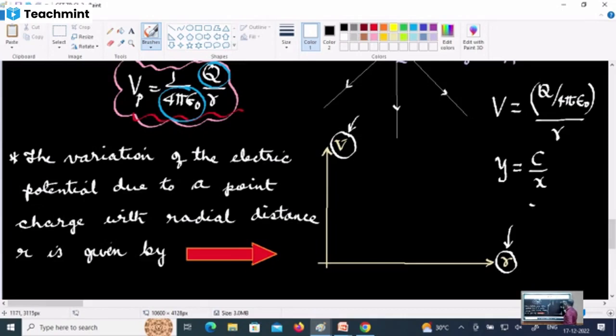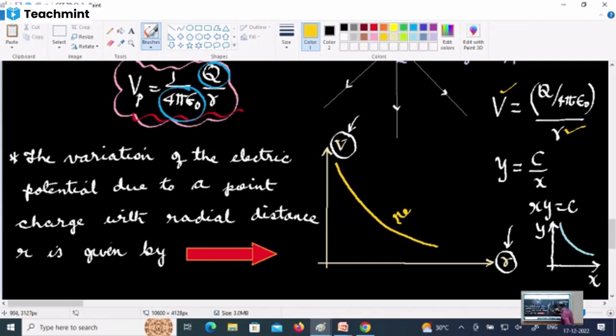Y is equal to c by x, or xy is equal to constant, is always representing a rectangular hyperbola. And the rectangular hyperbola, as you all know, looks like that. So therefore, the potential V versus radial distance R also is a rectangular hyperbola. That is also a rectangular hyperbola.